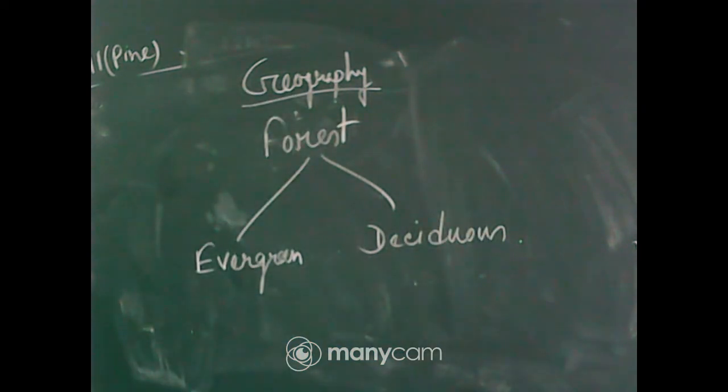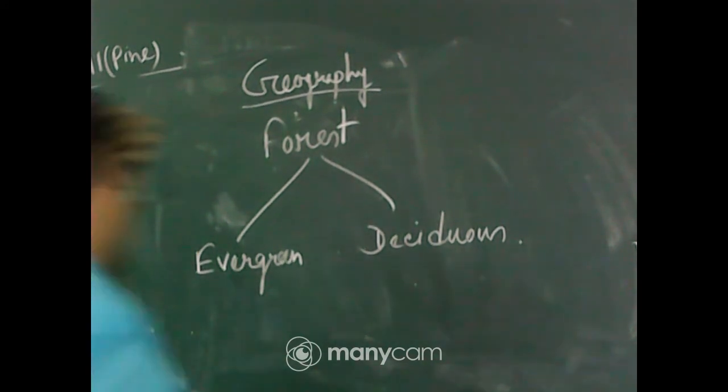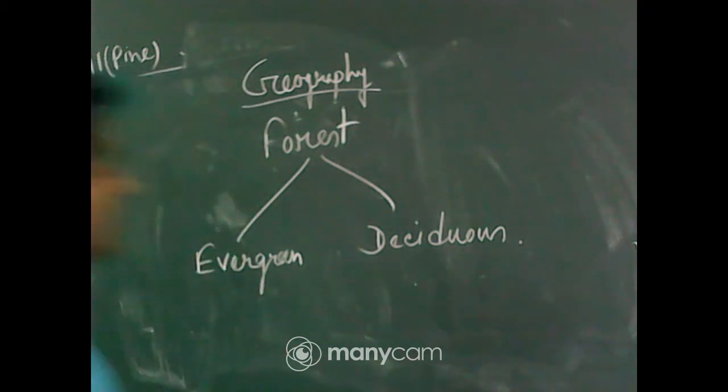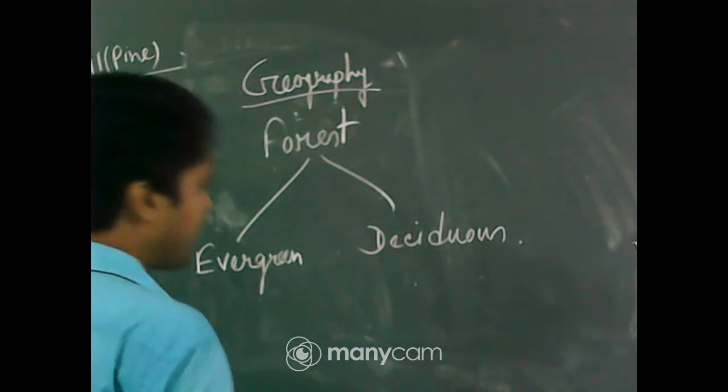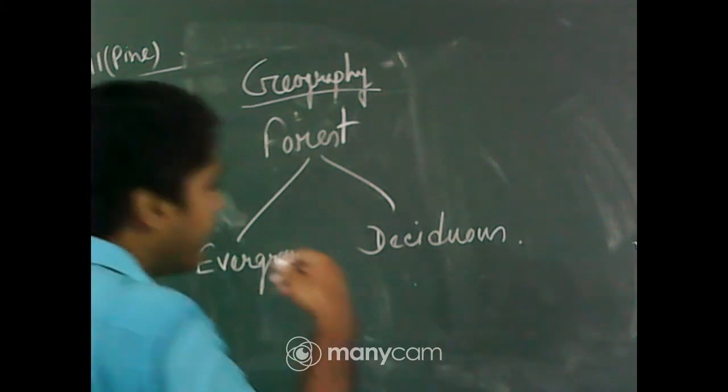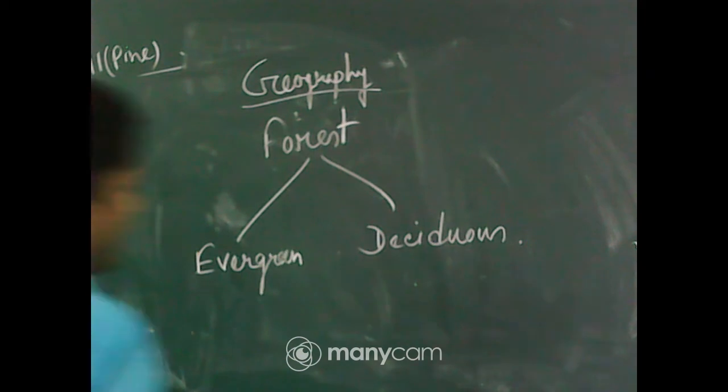Evergreen and deciduous. These are the two types of forest which are found all over the world. What is evergreen? What is deciduous? They have some features or characteristics. Last year also you have read about this. Today again I will discuss evergreen and deciduous.